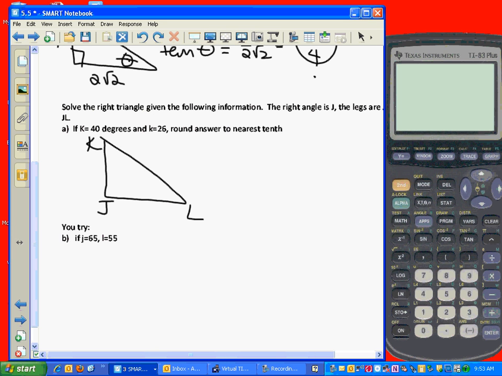Okay, so J is the right angle, indicate it. If K is 40 degrees and little k is 26, find the rest of the information. Well, that means what is angle L? That's an easy one. Okay? All right, you find the rest.